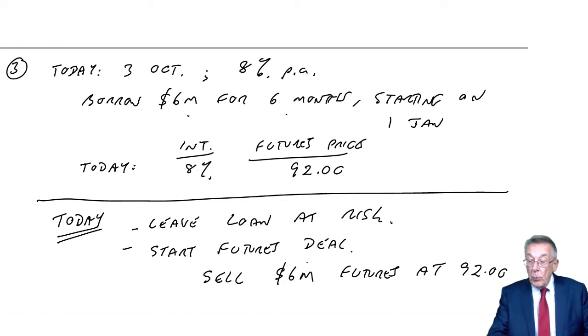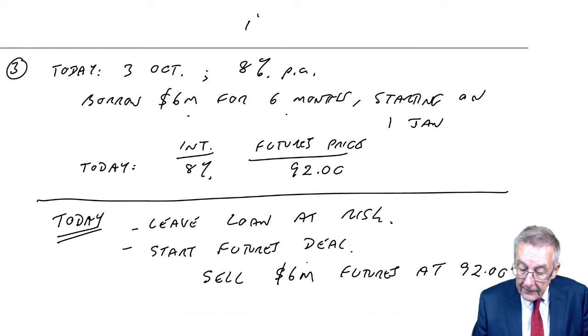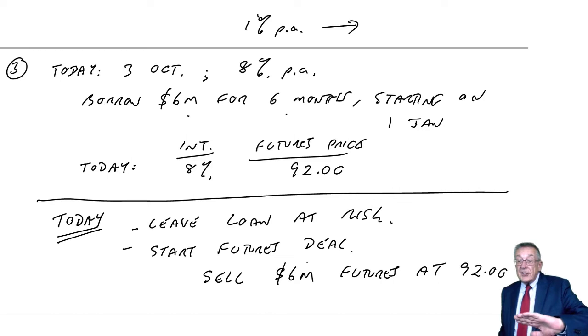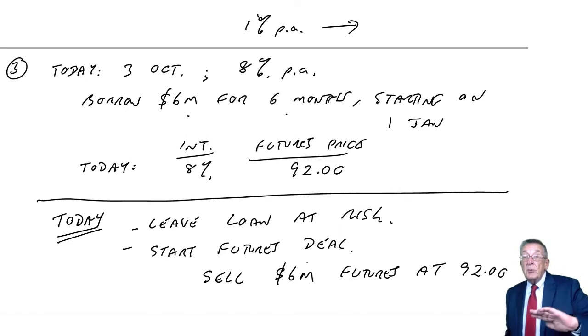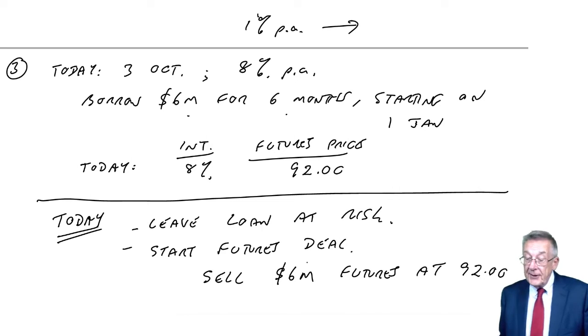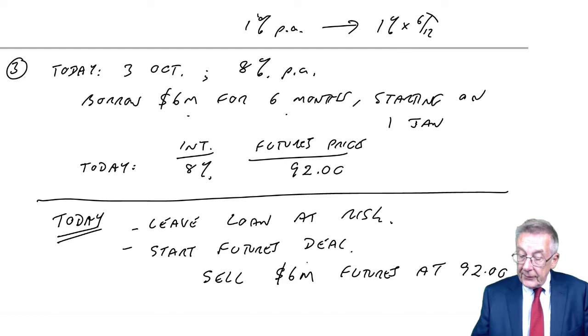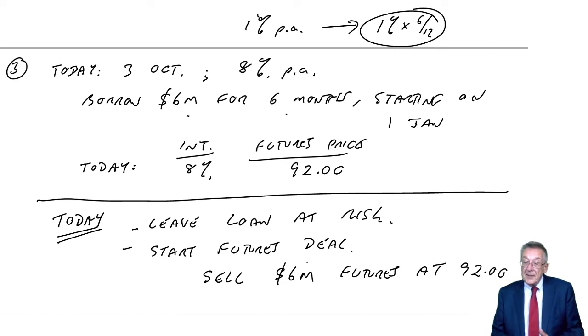If it goes up by 1% per annum, then because the loan is for 6 months, instead of paying 8% for 6 months, we'd pay 9% for 6 months. And therefore, it'll be 1% times 6/12. It'll be half of 1%.